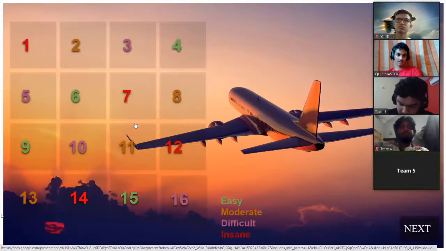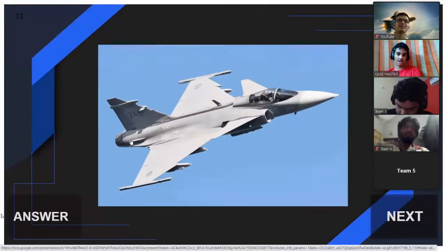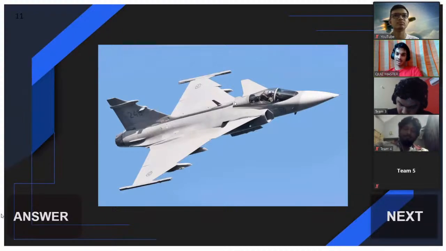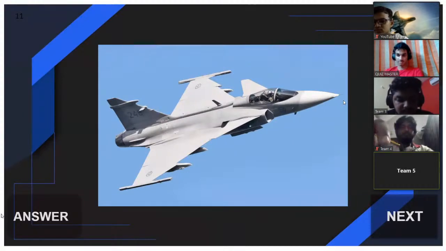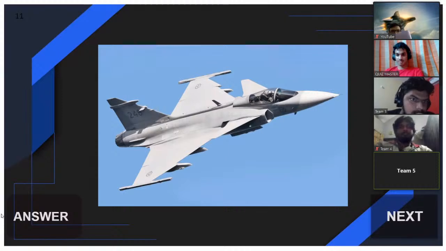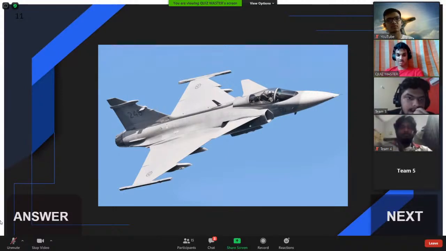Question 11, a moderately hard question. A very famous fighter jet. Pounce is open. Pounce is open. Team 1 has pounced. Team 4 has pounced.